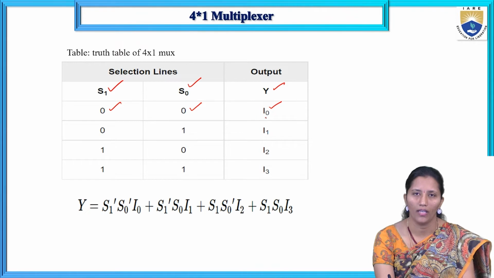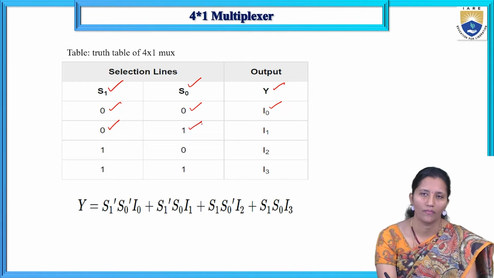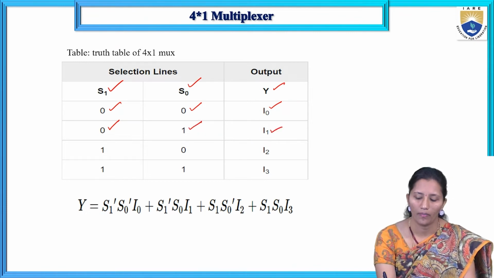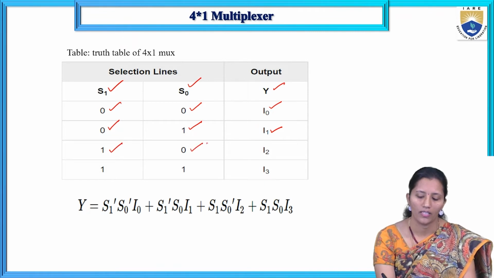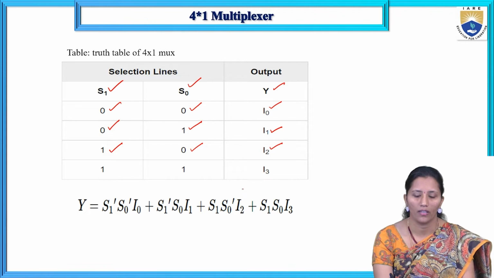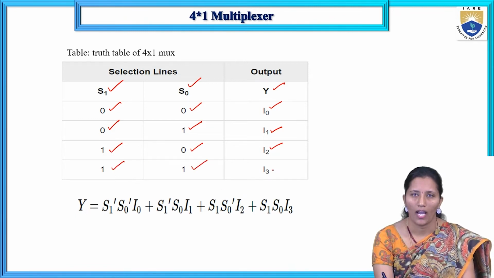Only I0 will be enabled and that will be transmitted to the output. When S1 is 0 and S0 is 1, then I1 will be transmitted to the output. If S1 S0 is 1 0, then whatever the data at I2 will be transmitted to the output. If 1 1, then I3 will be transmitted to the output.